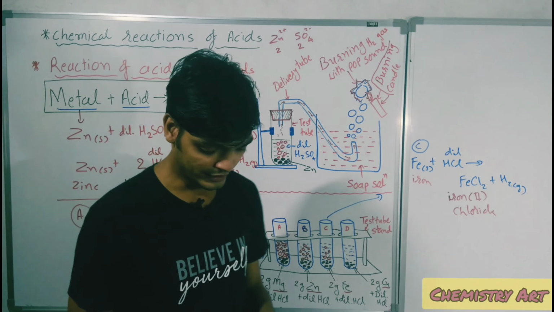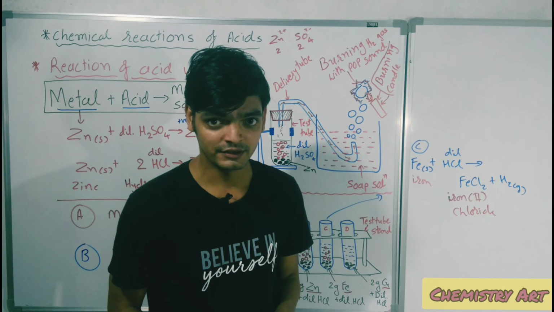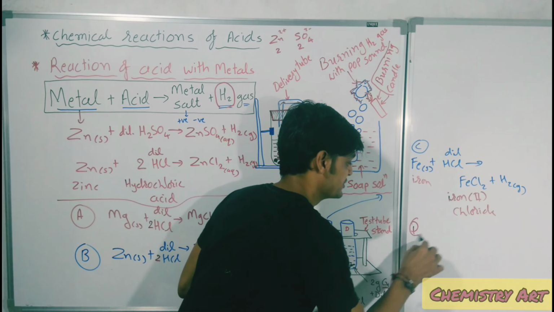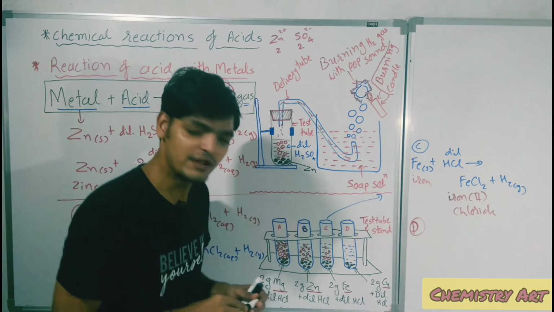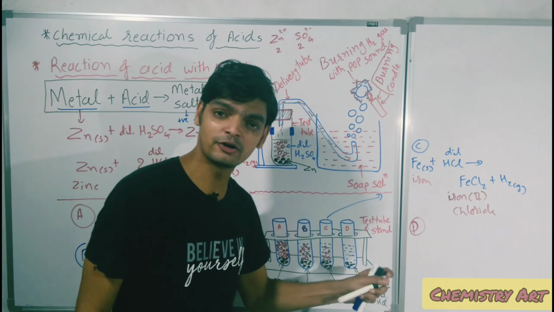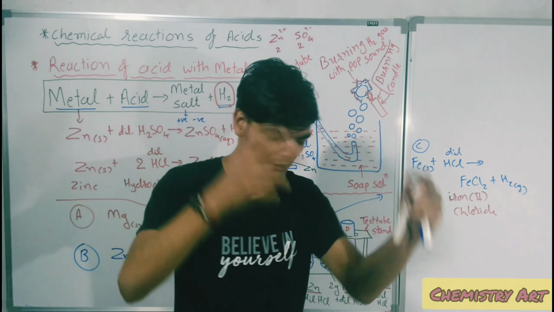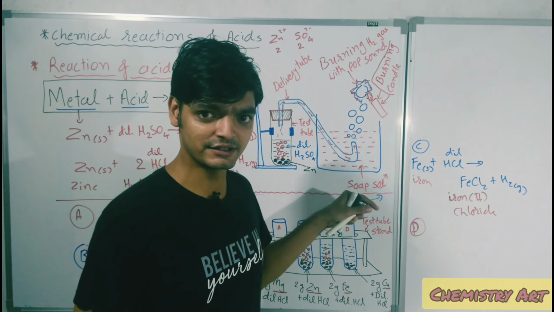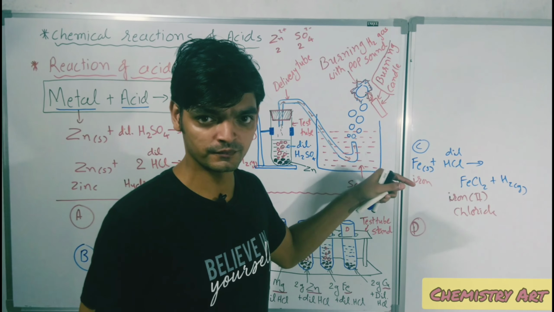And now in the last, can you tell me what will happen in test tube D? Will the copper react with hydrochloric acid or not? Think about it within a second. Pause the video and tell me, will it react or not?